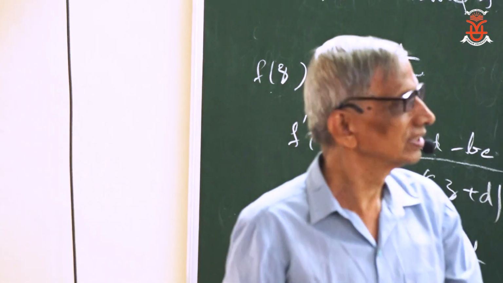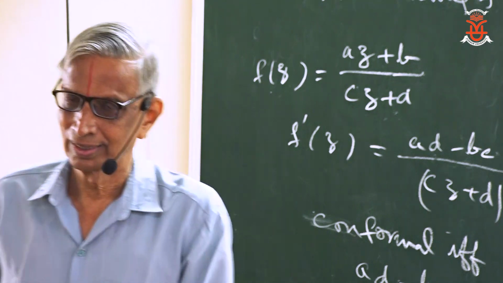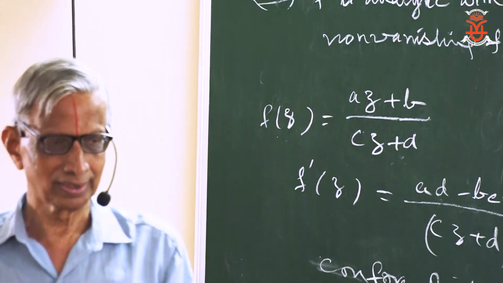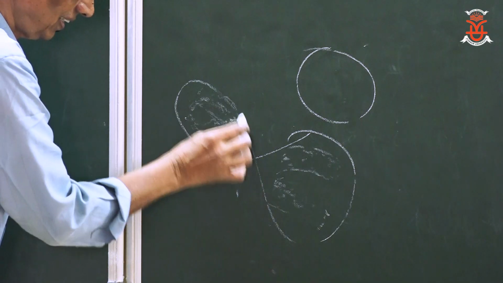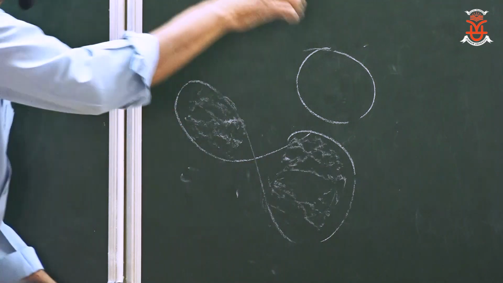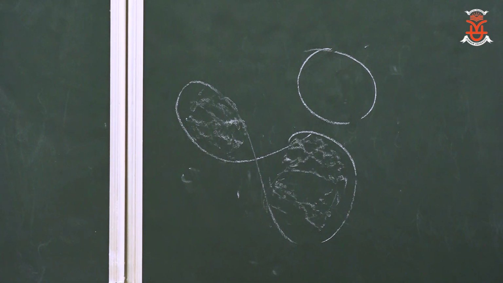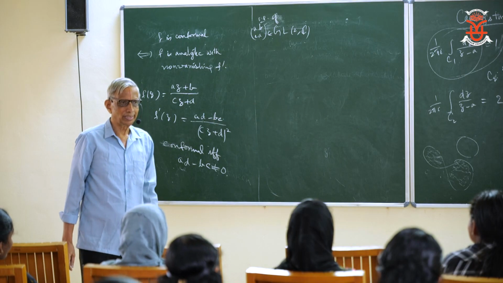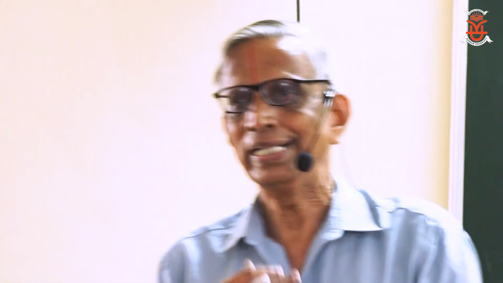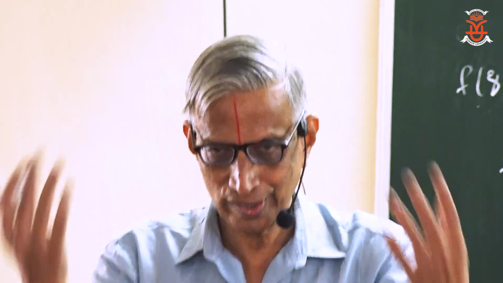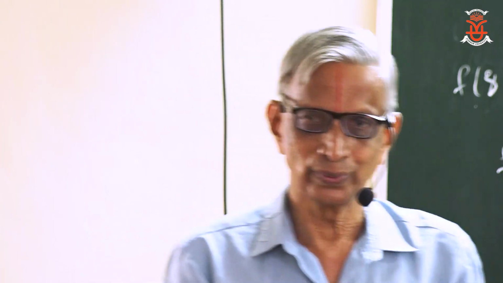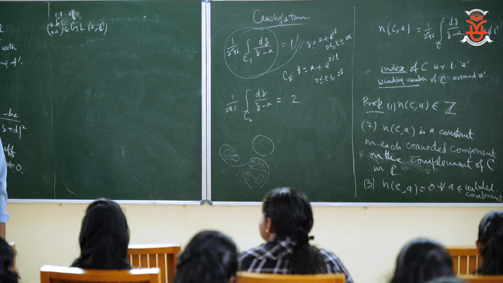In terms of these winding numbers, for example, this part and this part also lie in the domain of definition of the function, right? So how do you express the condition in terms of the index? The index of any point outside the domain is 0.